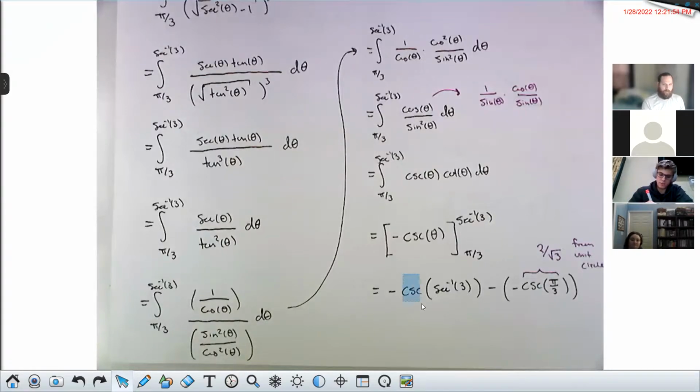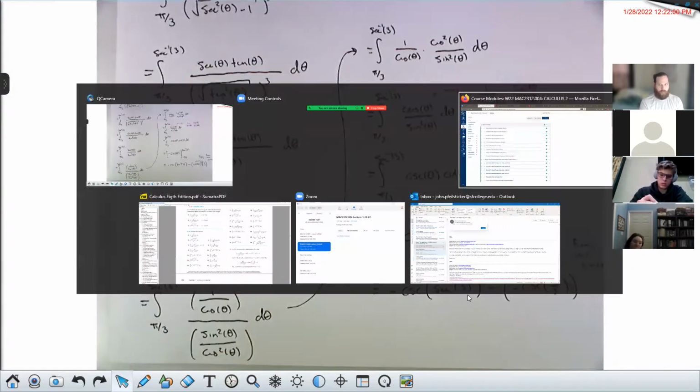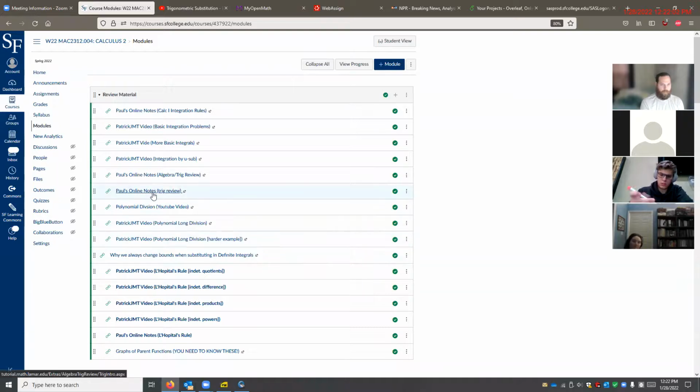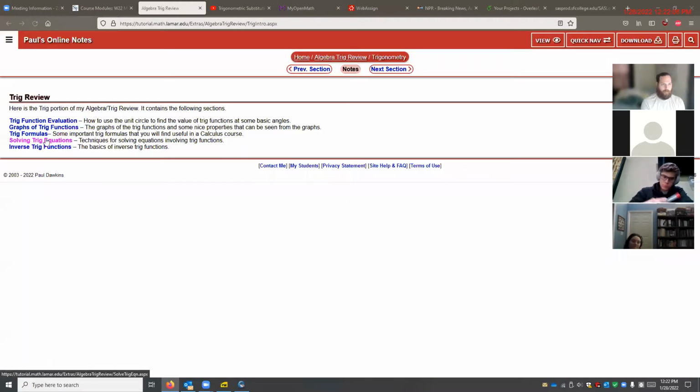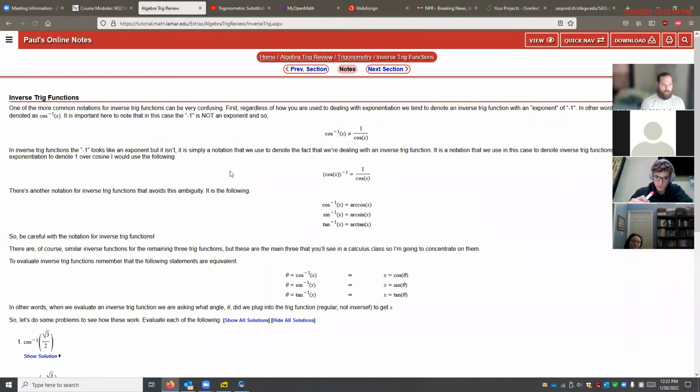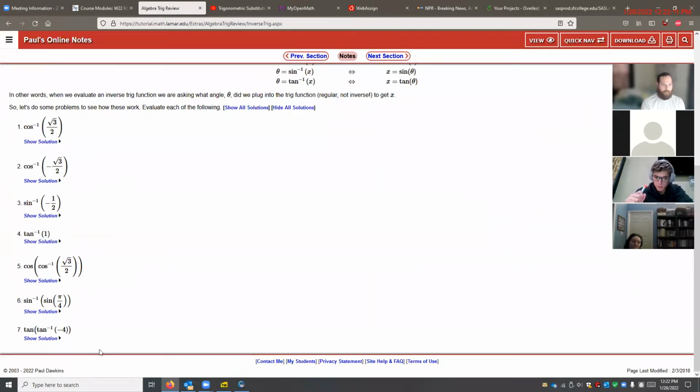To figure out the cosecant of the inverse secant of 3, I'd like to draw your attention back to that module. If you look at the inverse trig section down towards the bottom, you have statements of this sort.